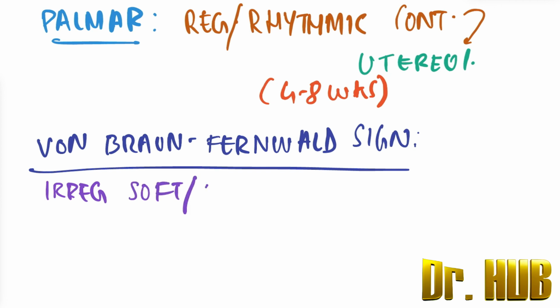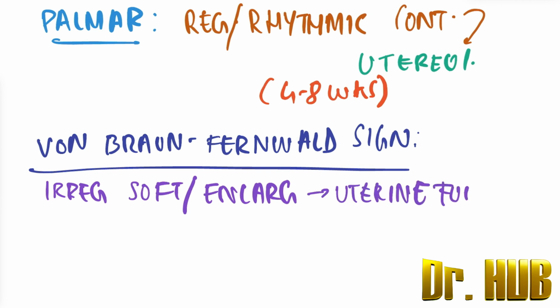So it's irregular softening and the enlargement of what? Of the uterine fundus. And this is about 5 to 8 weeks.